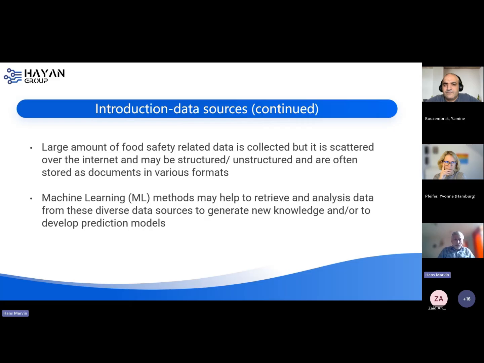And machine learning technologies can help you to retrieve this kind of data and also use that data for analysis, to generate new knowledge or to develop prediction models so that you can potentially predict food safety risks in the future.